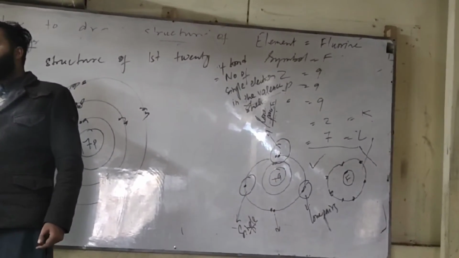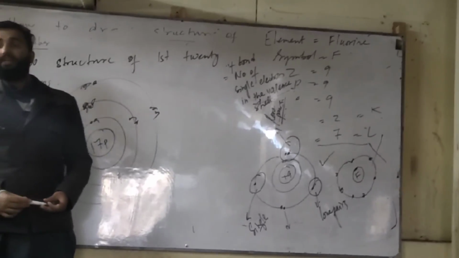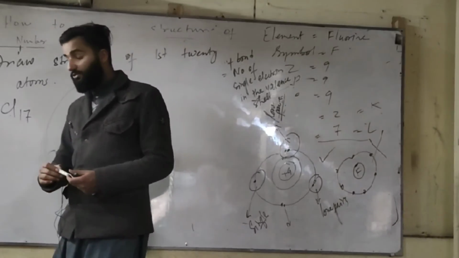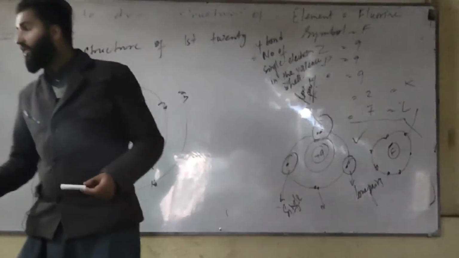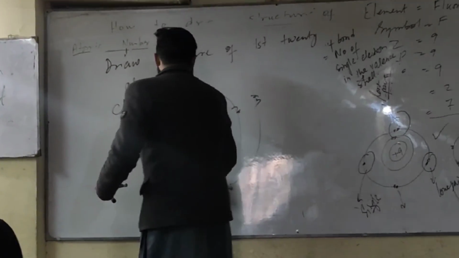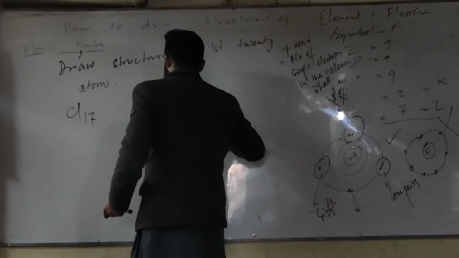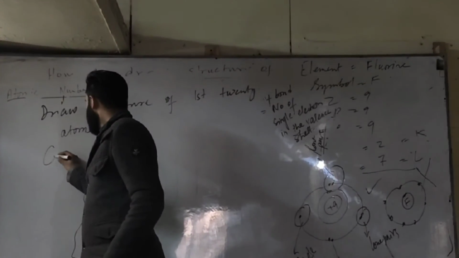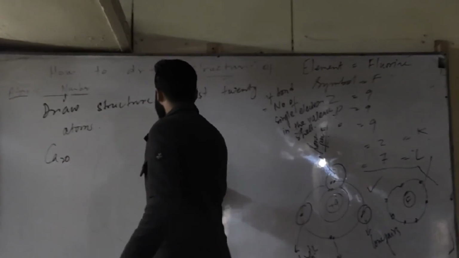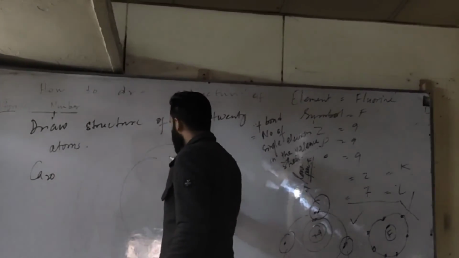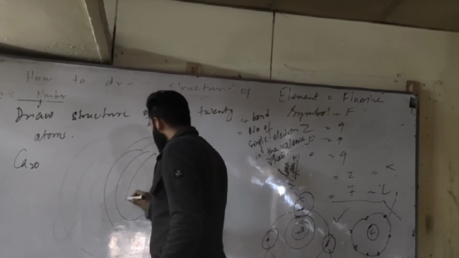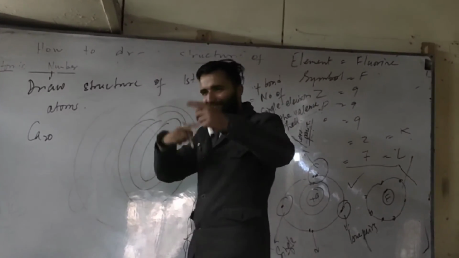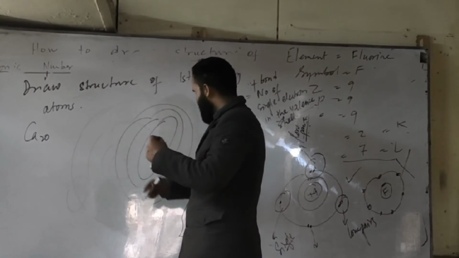If I ask you to draw the structure of a calcium atom, you should know its atomic number. Its atomic number is 20. Ca, 20. In the first shell it has, sorry, I am going to draw here 4 orbits. I'm sorry, these are not circular but elliptical ones.